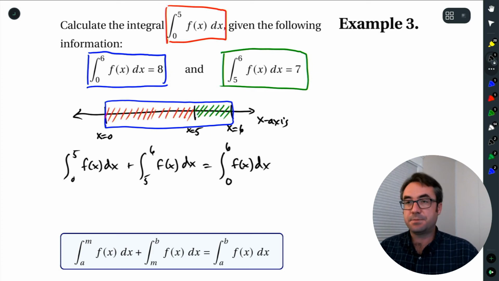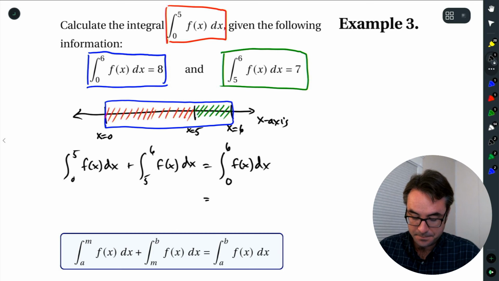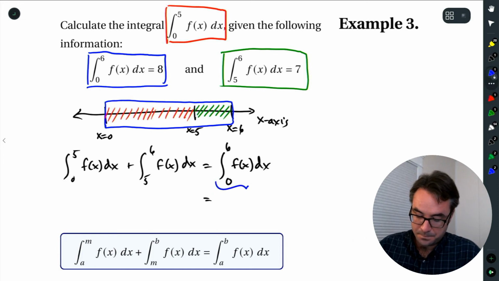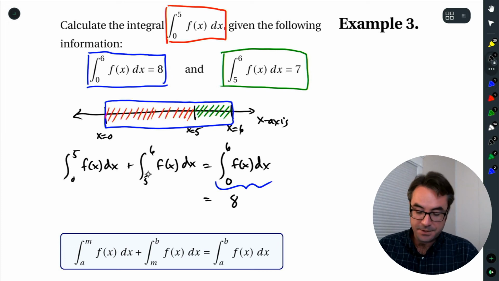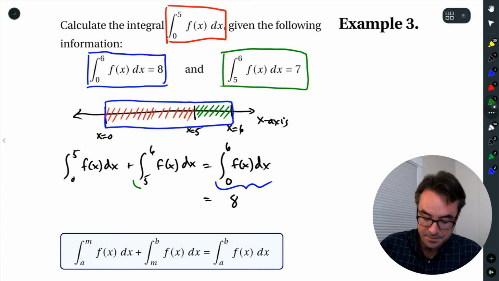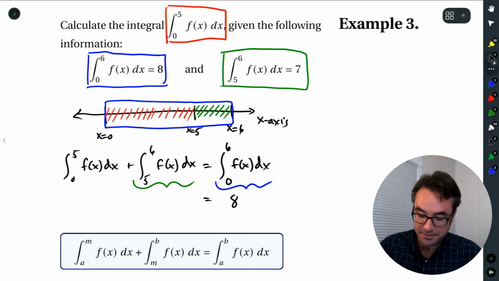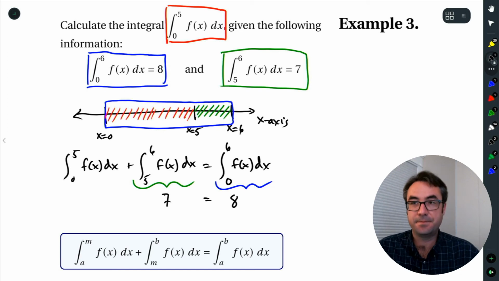All right, so now let's plug in what we actually know. We know the integral from 0 to 6 is 8, so we know that entire thing is equal to 8. We know this entire thing is equal to 7, so fill that in.